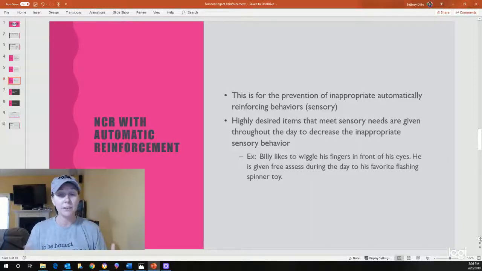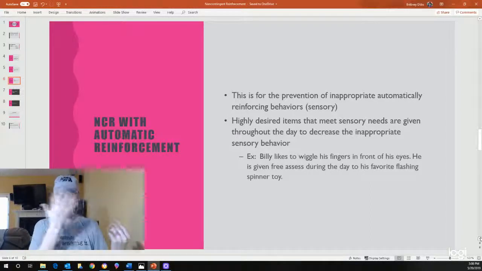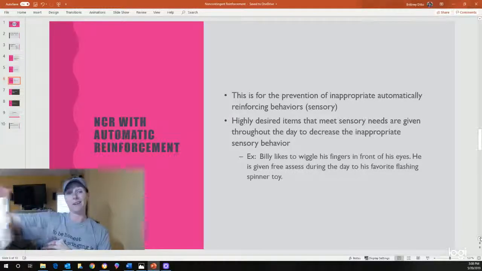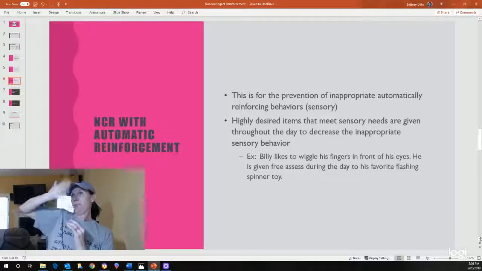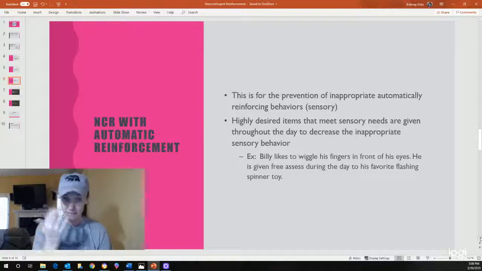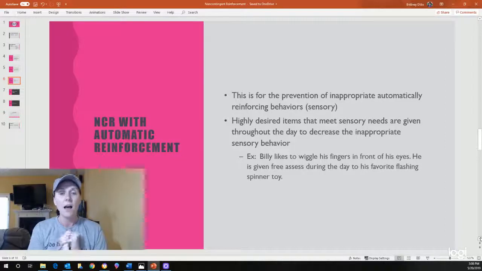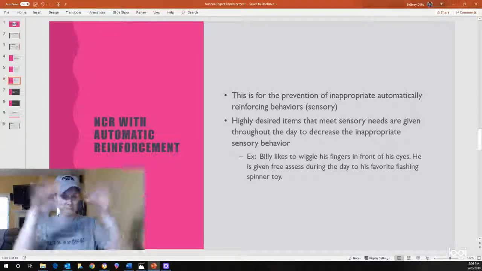So I put on here, Billy likes to wiggle his fingers in front of his eyes because he just likes to see the lights flickering. If you can't tell, I've got this really bright light right here. So I wave my fingers and it changes the way the light comes into my eyes. And I just really like that. That is so fun. And instead, we give Billy one of his favorite toys, these really cool spinny toys that have lights and they flash.